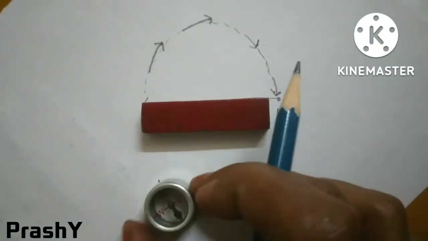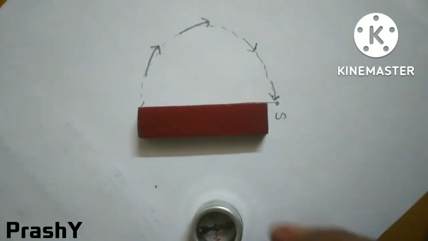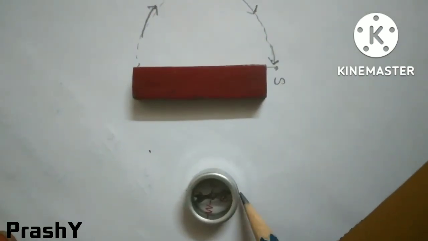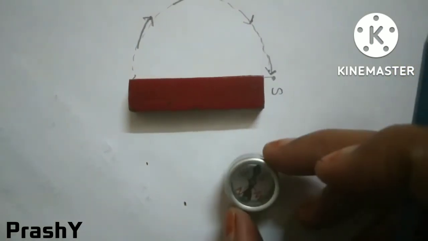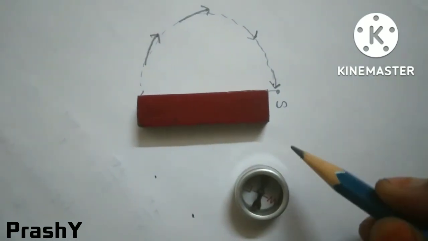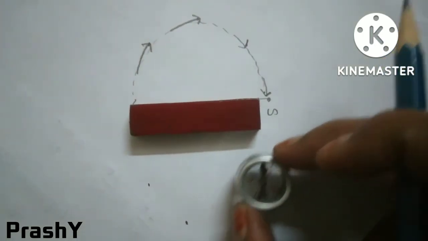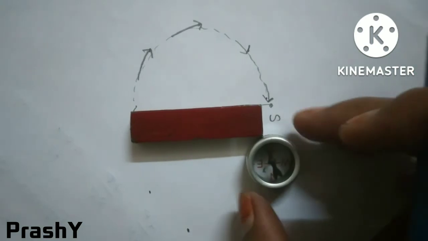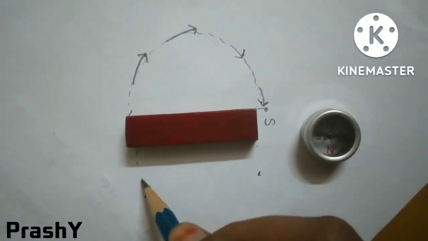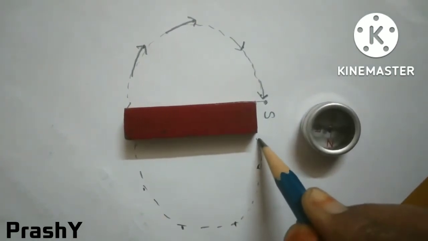North and south. So the magnetic field lines start from the north pole and end at the south pole.